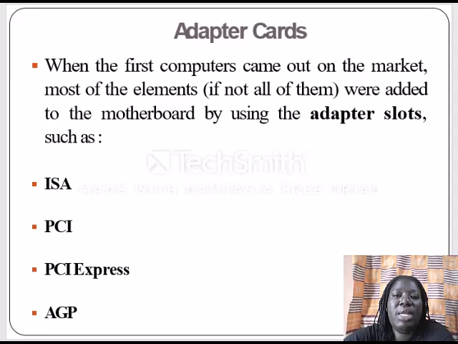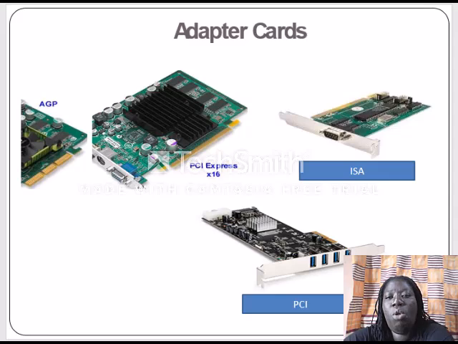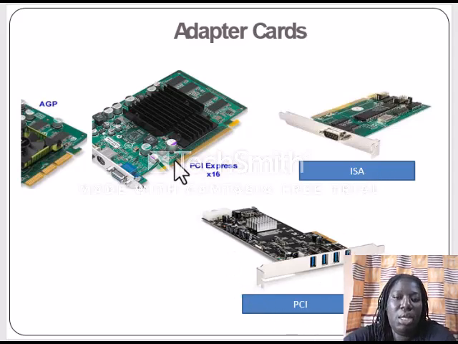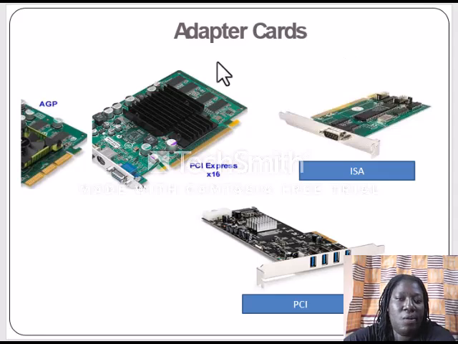When the first computers came out on the market, most of the elements, if not all of them, were added to the motherboard by using adapter slots such as the ISA, the PCI Express, and the AGP. So these are some of the adapter cards that you see: the AGP, the PCI Express, the ISA, and the PCI. These are all adapter cards.